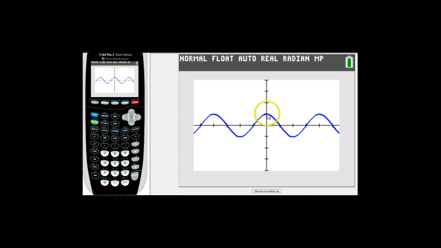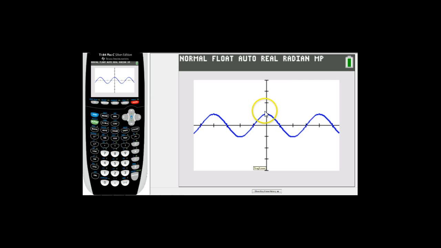So points like this, where cosine is 1, secant's just going to still be a 1. When cosine is 0, secant, the reciprocal of 0, remember, is undefined. So you're expecting to see vertical asymptotes right here, though we're not actually going to see them on the graphing calculator.